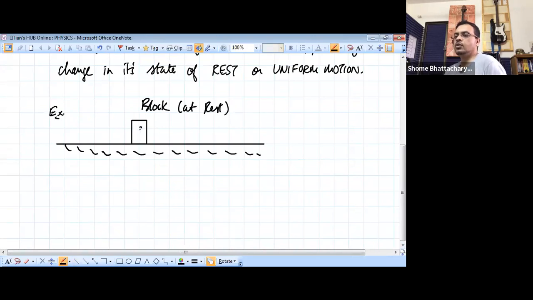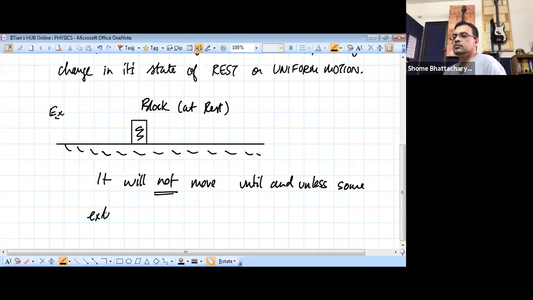Now we know that it will not move until and unless some external force acts on it. Okay. So that is the property of inertia. It doesn't matter whether it's a friction surface or a frictionless surface. At this stage, let's treat it as a smooth surface, so it is frictionless.